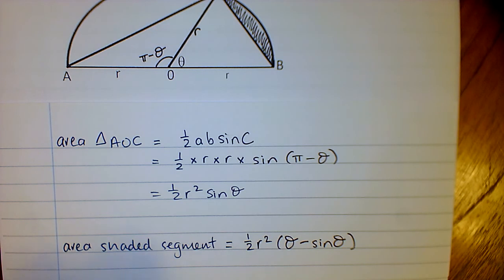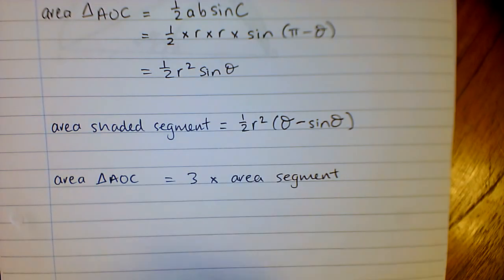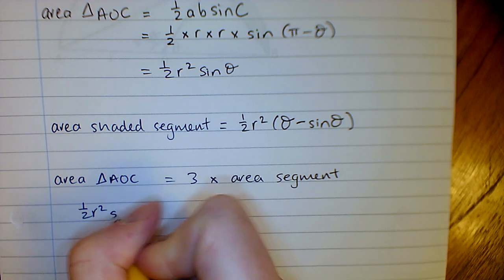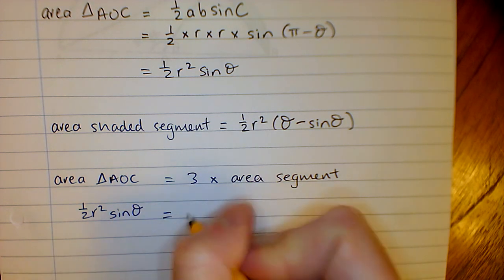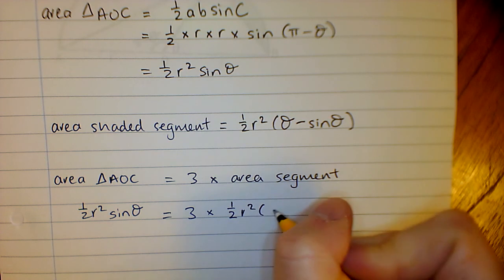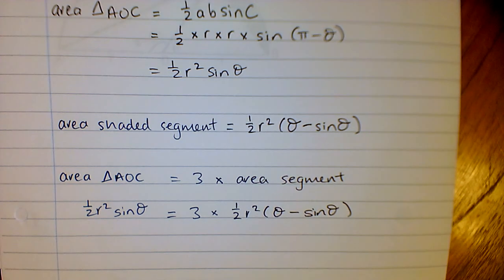Okay, so then the question tells us that the area of triangle AOC equals 3 times the area of the segment. So the area of the triangle, a half r squared sine theta, equals 3 times the area of the segment, which is a half r squared of theta minus sine theta.